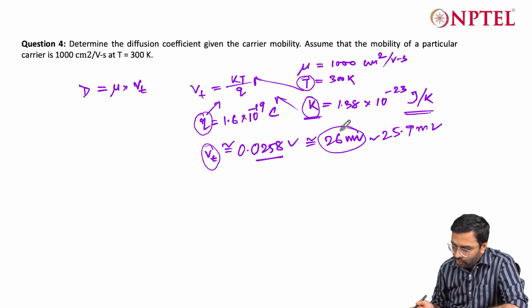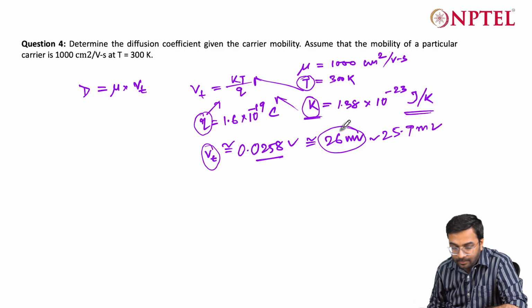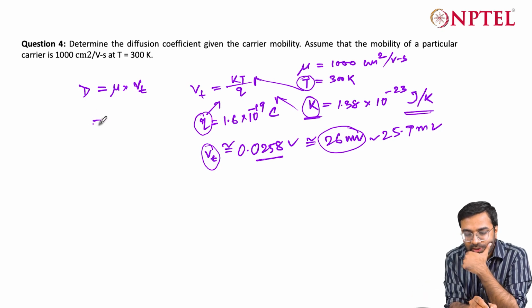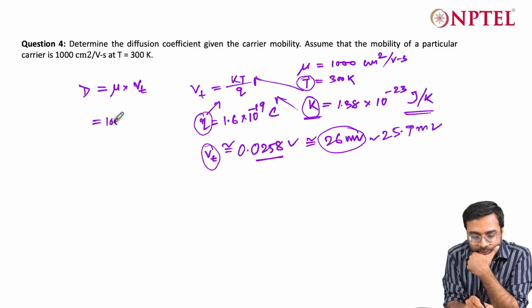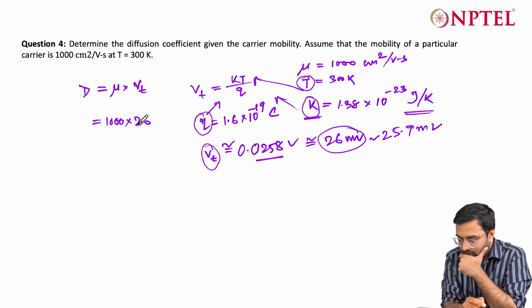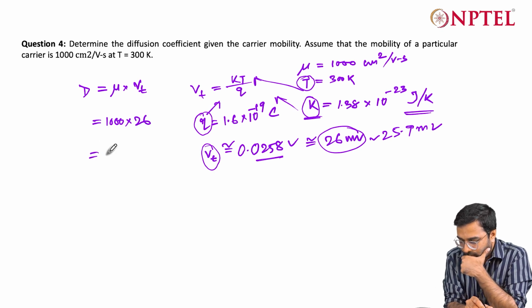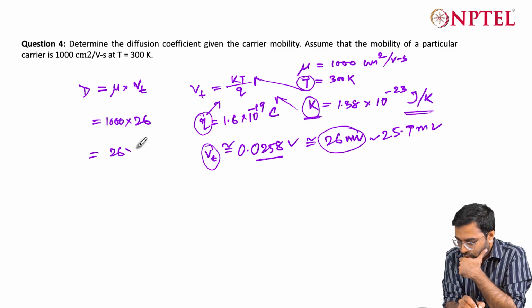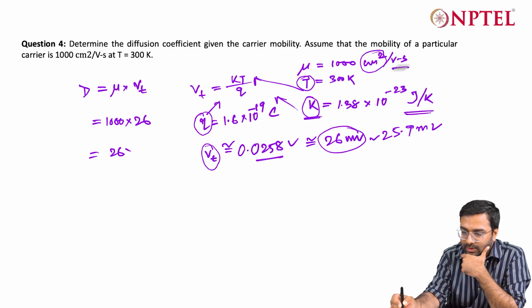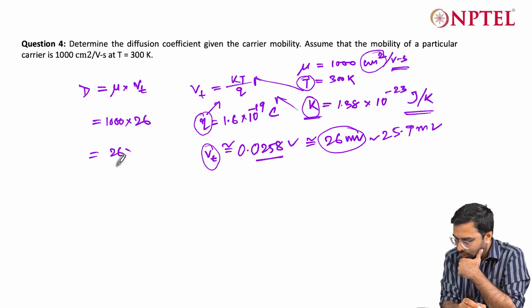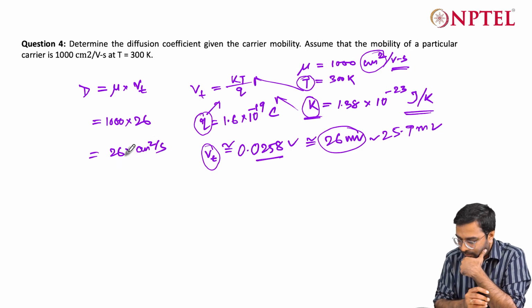Now, if you calculate the value of D, which is mu into Vt, mu is already given as 1000, and the value of Vt is 26. Please note, the units are centimeter square per volt second and volt, so it comes out to be 26 centimeter square per second.